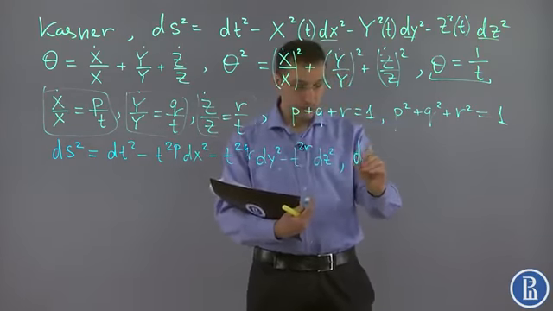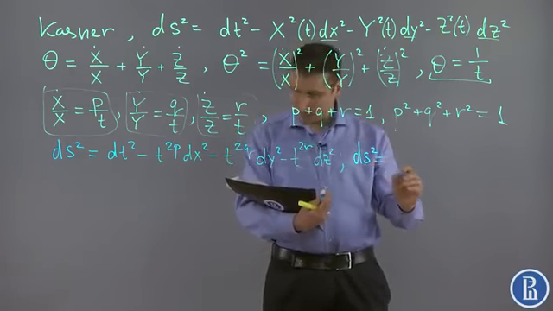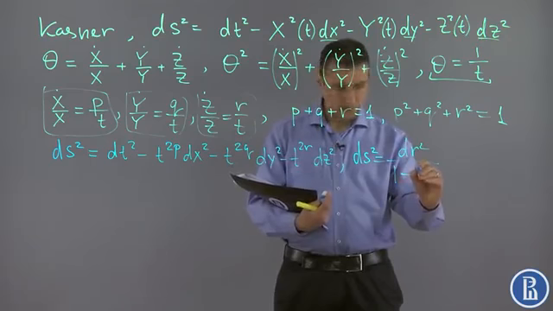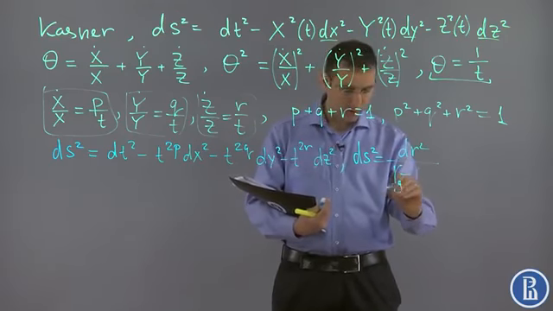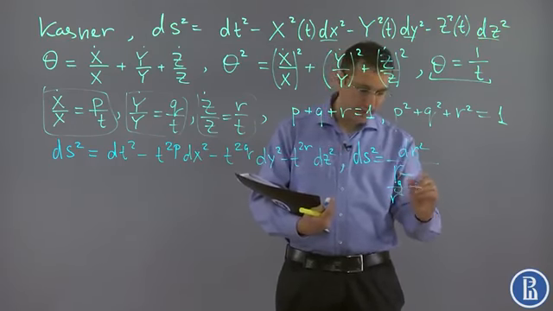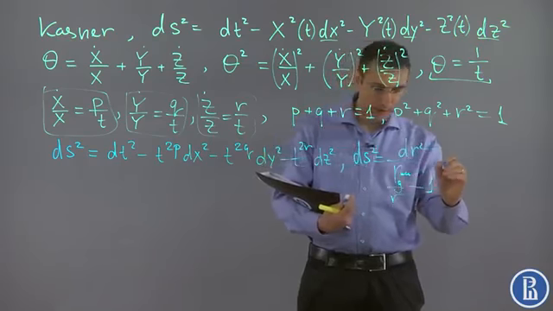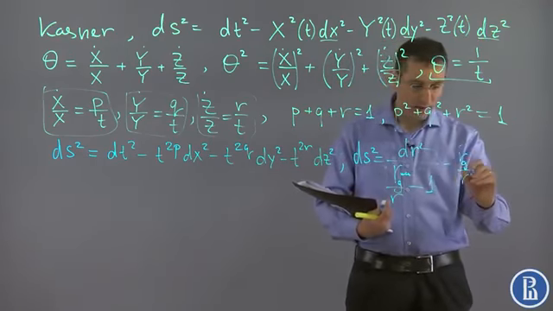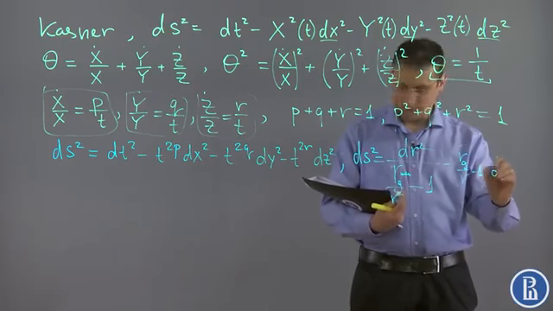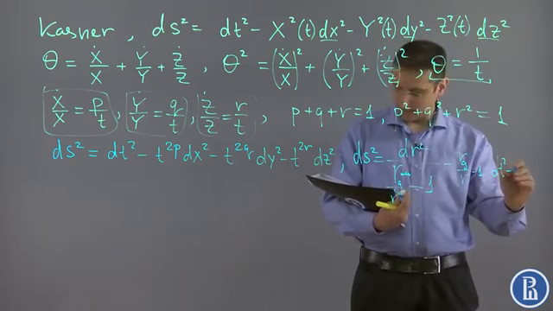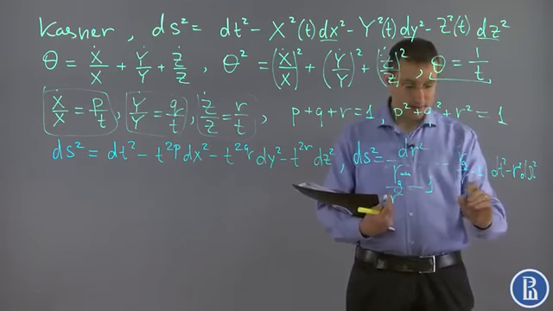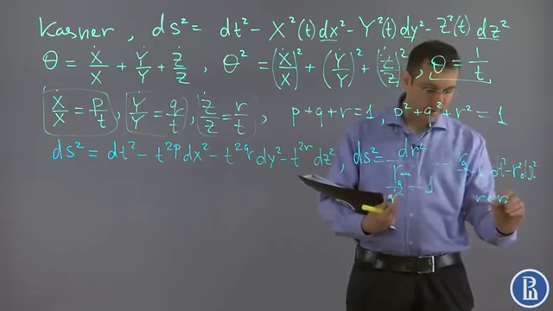So we consider the following metric: dr squared over (rg over r minus 1), minus (rg over r minus 1) dt squared, minus r squared d omega squared. And here r is less than rg.